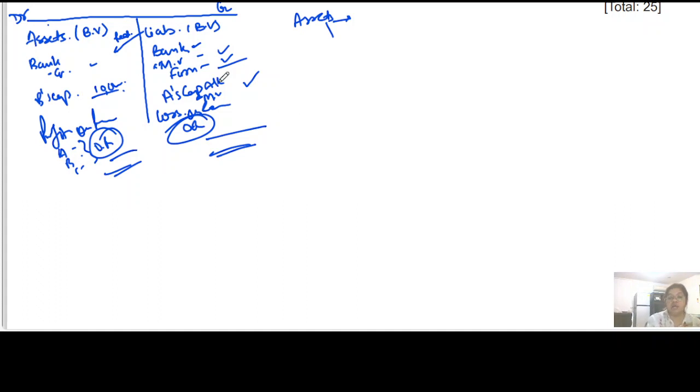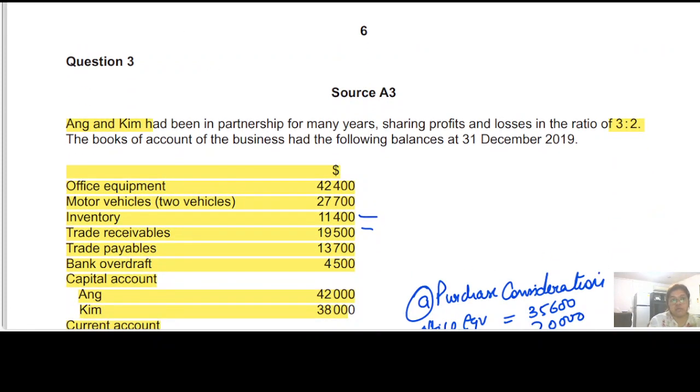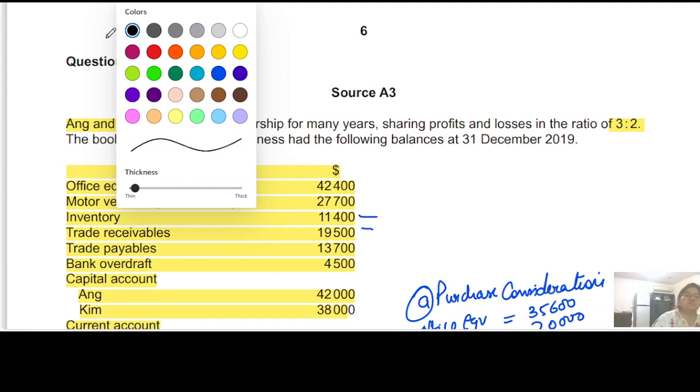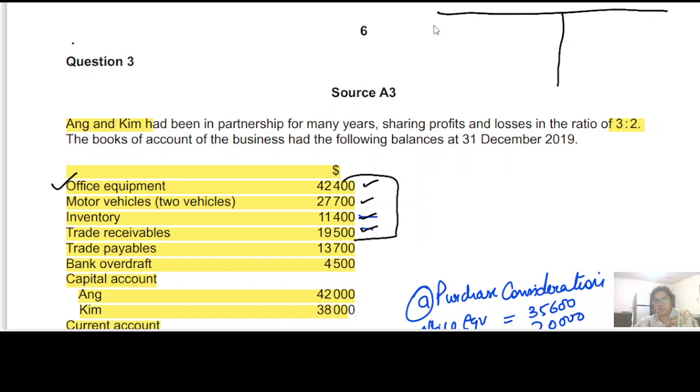So now in this question, first of all, we need to find out what our assets and what our liability are. So what is our assets here? Office equipment 42,400, then motor vehicle 27,700, inventory 11,400, then trade receivable 19,500.